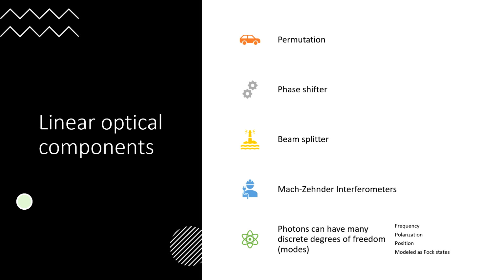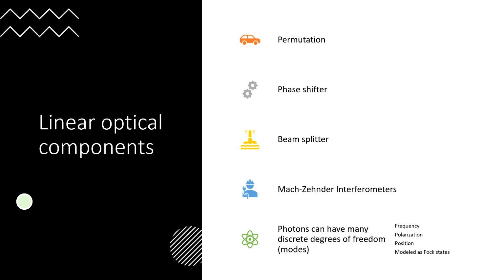And these quantum computers, unlike superconducting qubits, where you actually measure how many qubits you have in the system, in a photonic quantum computer you use two terms, primarily: the number of photons the system has, and the number of modes. Modes are basically different degrees of freedom that a photon can have.